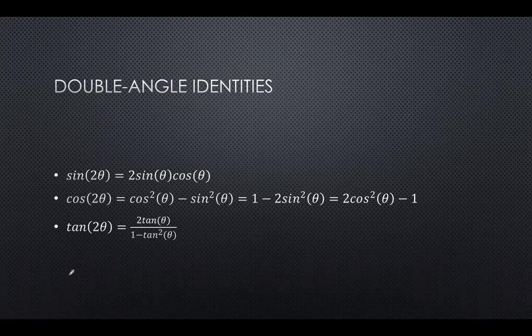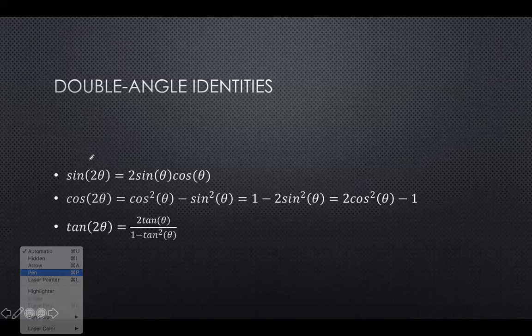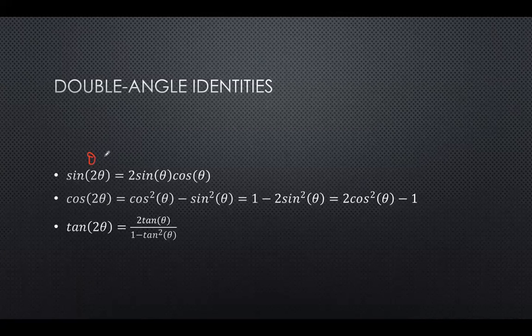But remember, 2 theta is basically theta plus theta, and this is the sum identity for sine.